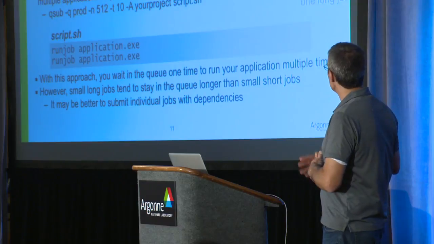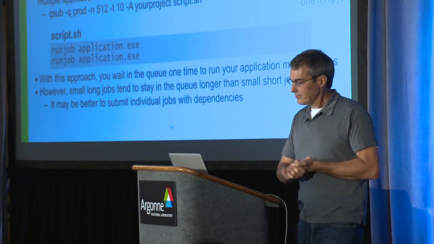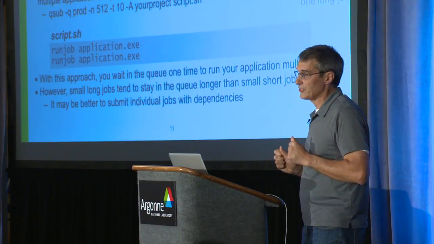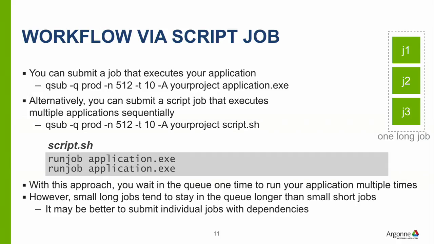A very simple job submission will just specify the number of nodes, the duration, the project, and the application to run. Instead of submitting your executable, you can submit a script, and that script will run multiple instances of your application. In this case, if you look at the figure on the right, you would be submitting a longer job, and it would be running your application multiple times within it.